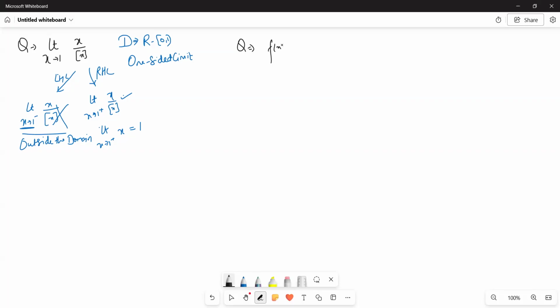If fx is equal to sine of box x by box x whenever box x is not equal to 0, and 0 when box x is equal to 0, then the question is: find limit x tending to 0 fx.